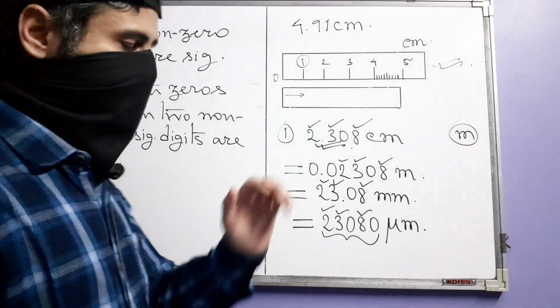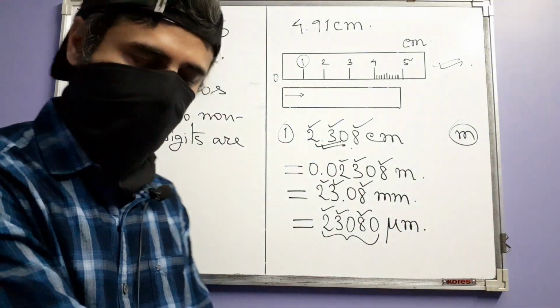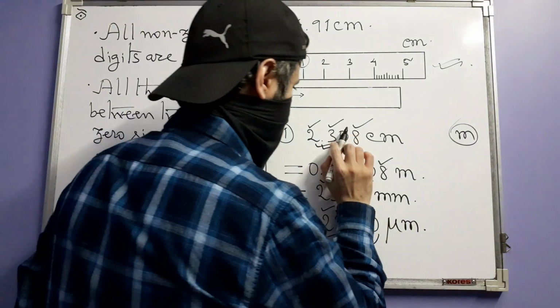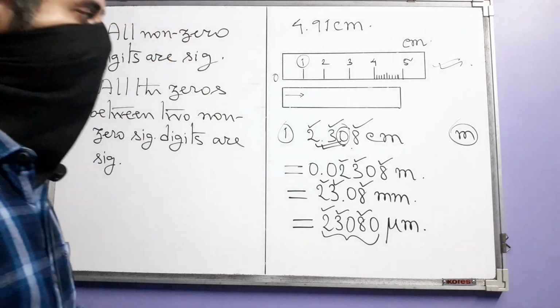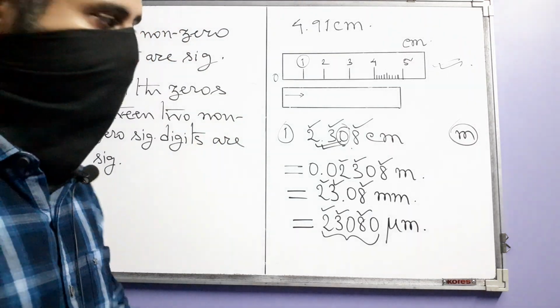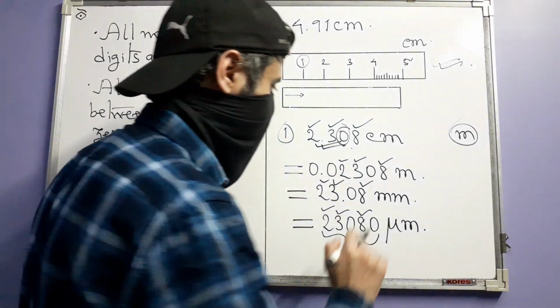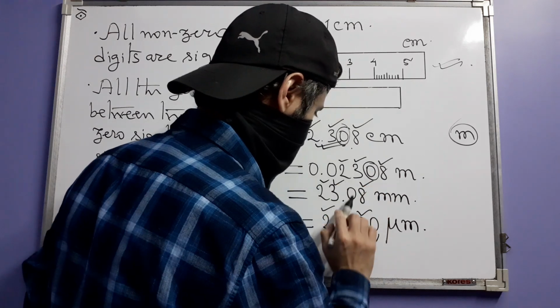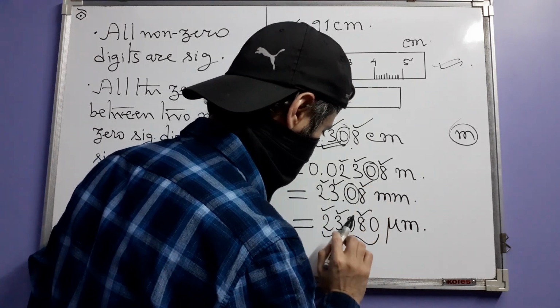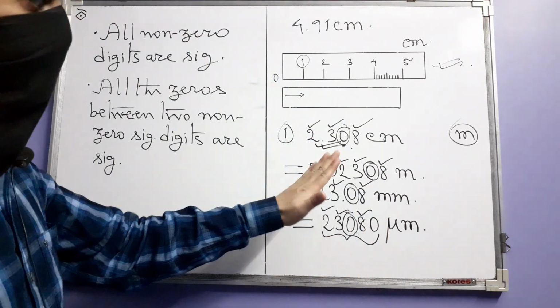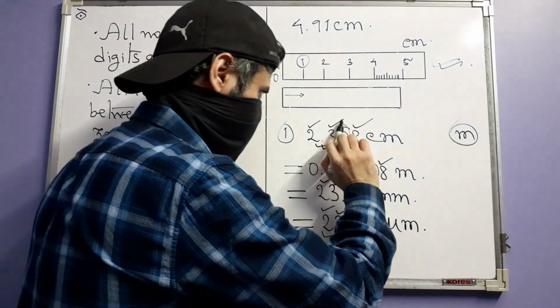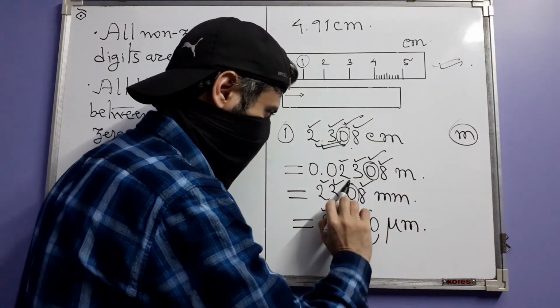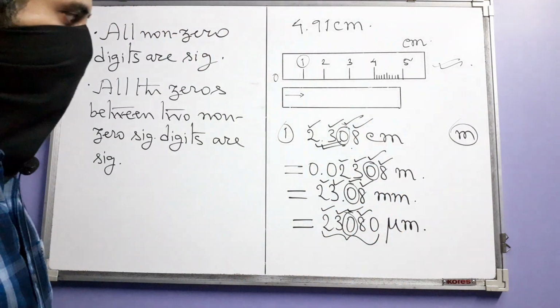If you have a zero between two non-zero significant digits, so we are talking about this zero, it should also be significant. That way we can save this zero from being insignificant. So we have identified this zero also as significant.